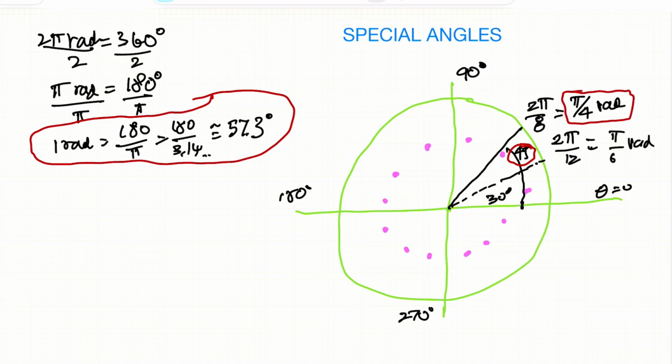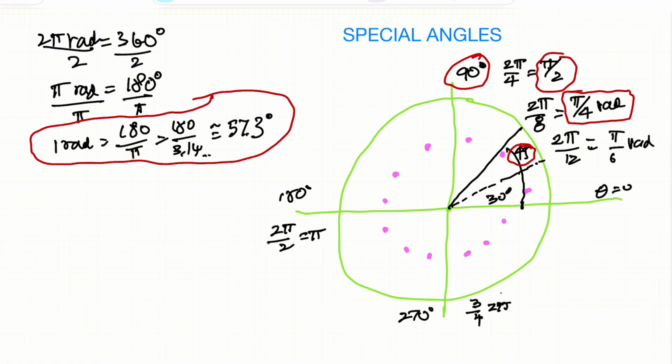Now let's look at 90 degrees. At 90 degrees here, that is a quarter of a circle, so that's 2 pi radians divided by 4, pi over 2. So 90 degrees is pi over 2 radians. Going down to 180 here, that's dividing 2 pi in half, so that's pi radians is equal to 180 degrees. Down here we have 3/4 of a circle times 2 pi.